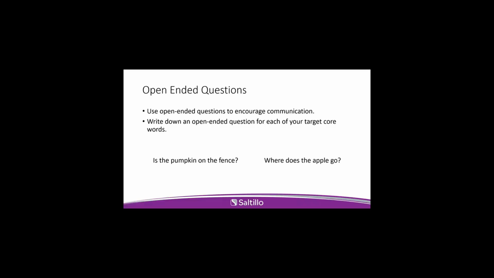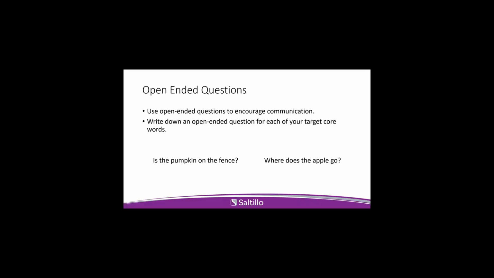If we just do yes/no, or if we just do questions that have a very specific answer, then it kind of starts to turn into testing. If we're expecting them to answer it a certain way, maybe that's the only vocabulary that they were given. And so by thinking about open-ended questions and these core words, they can have some control over what they say, which can be really helpful.